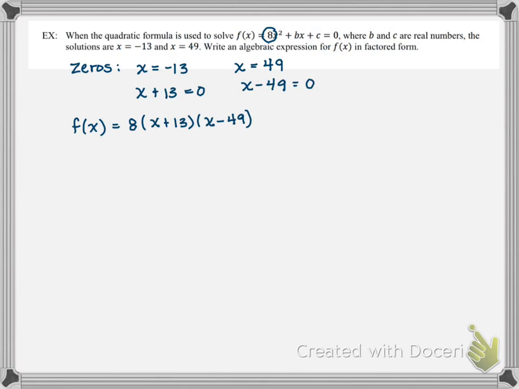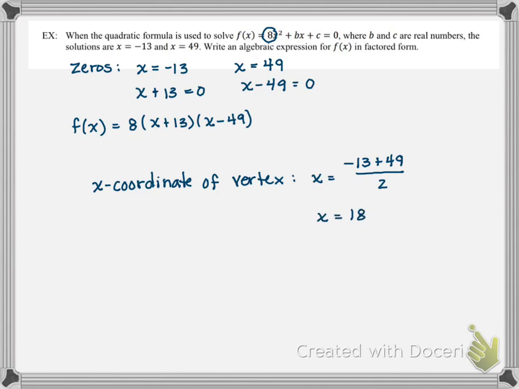So if I have a function in factored form, for instance, I know my zeros are negative 13 and 49. So the x-coordinate of my vertex I can find just by averaging those zeros. So x equals negative 13 plus 49 over 2, which I think is 18.